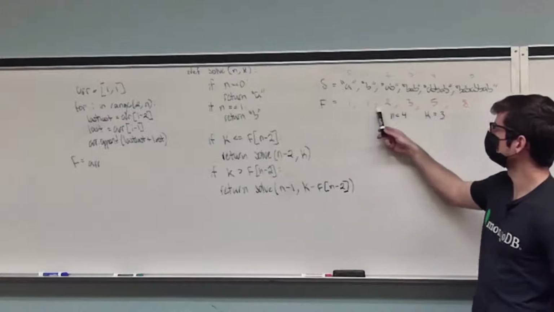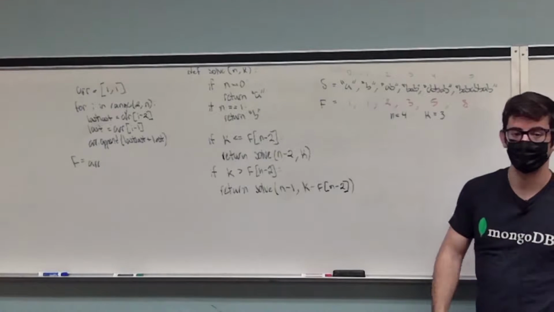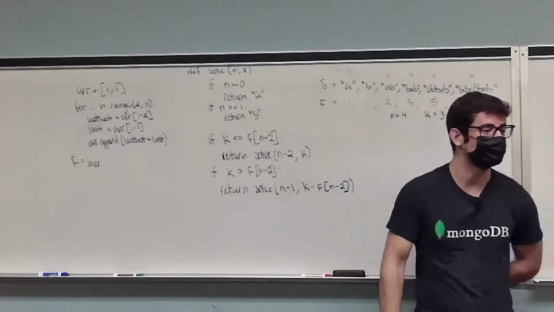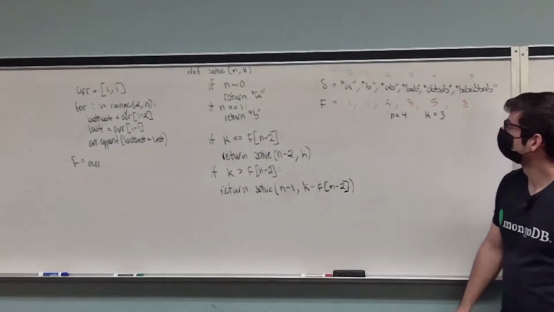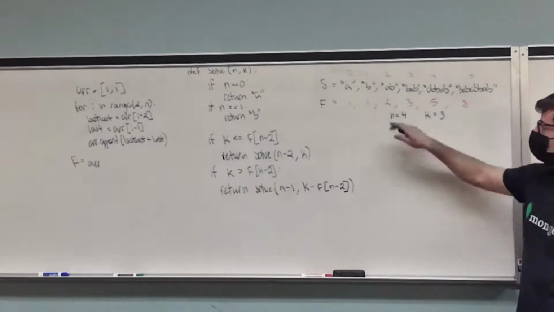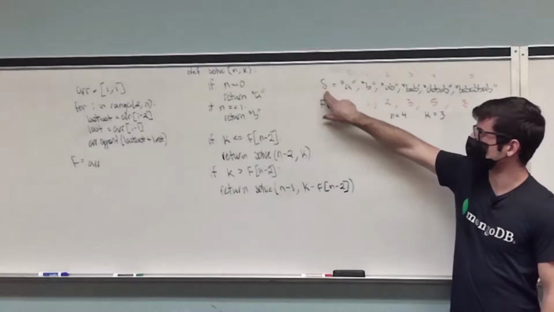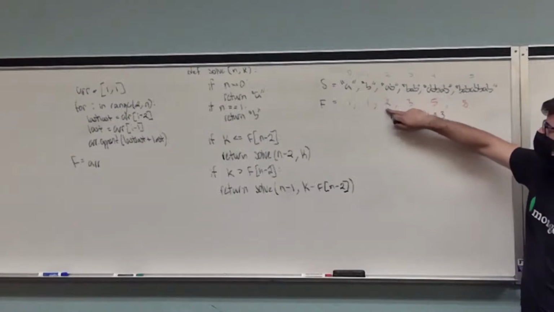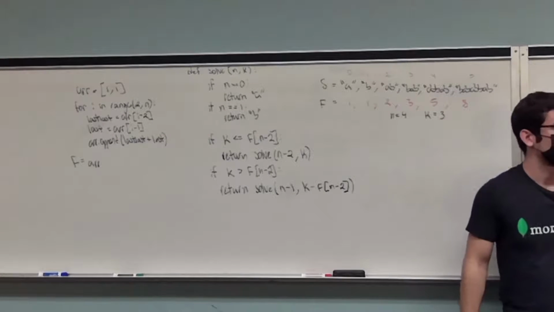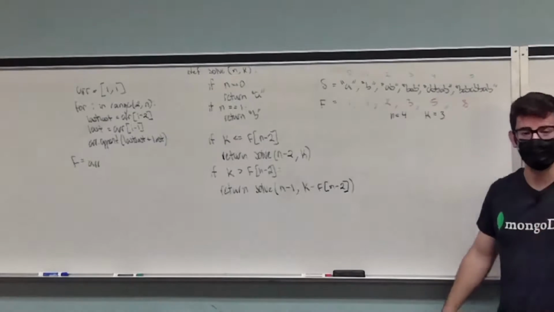Remember, this is our sequence for numbers. You said 2? Who agrees with them? It would be AB if we were looking at the Fibonacci sequence for strings. But if you change it for the numbers, you were right. It's 2. So yes, it is 2.